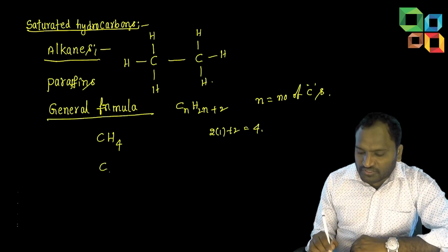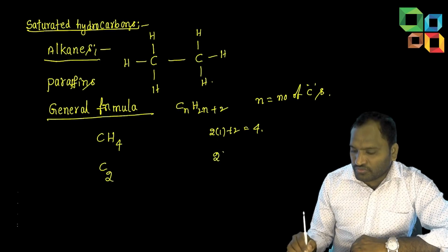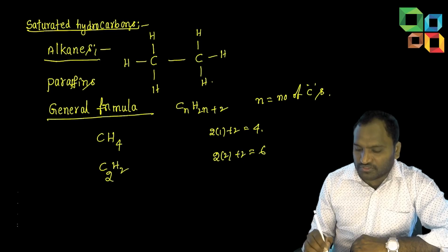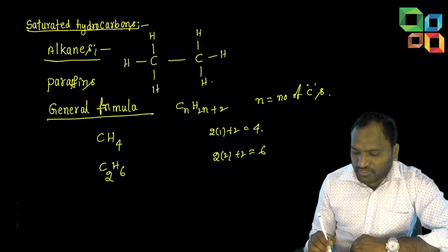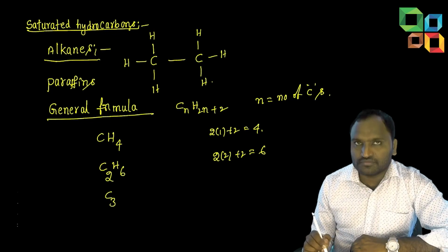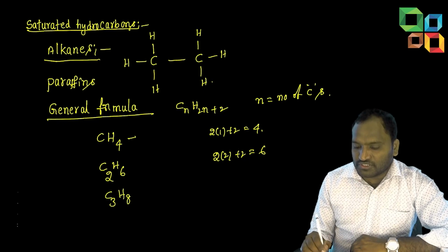If it contains two carbon atoms, how many hydrogens? 2 into 2 plus 2, 6. C2H6. If it contains 3, 8. C3H8.